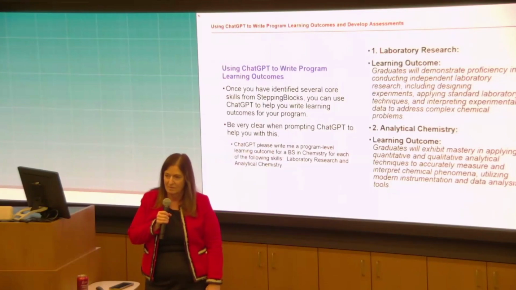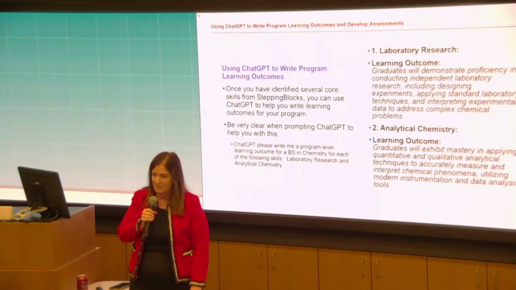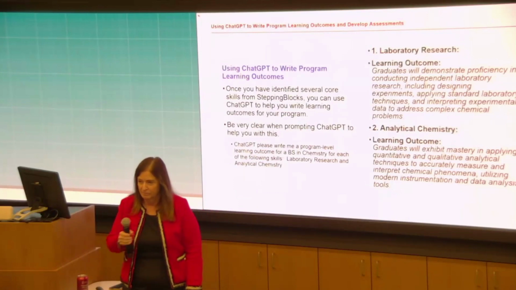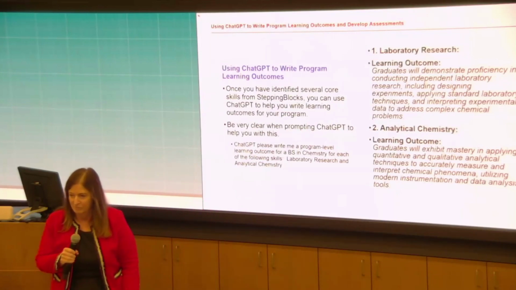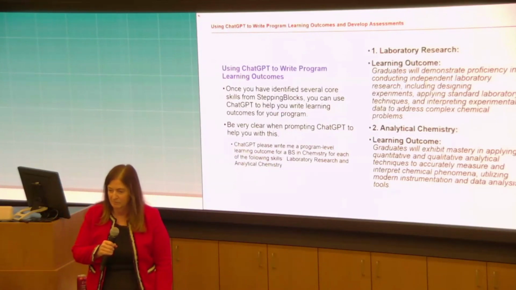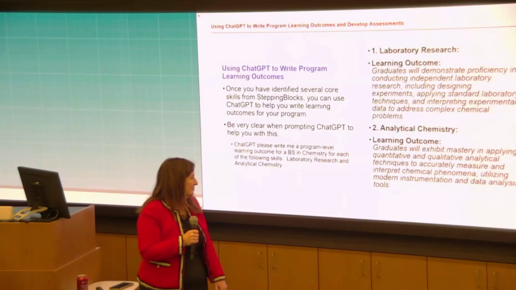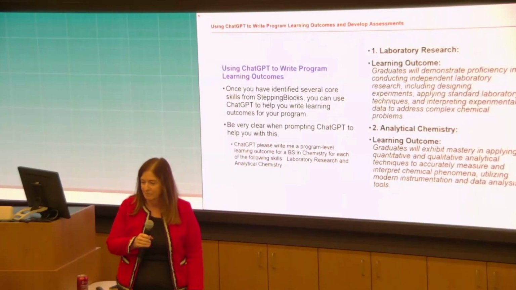For example, for the learning outcome for the analytical chemistry, we tend to ask programs, when they write the program learning outcome, to identify just a single outcome for a statement, so that way you can actually measure it. Then you can easily report whether you properly complete your target.